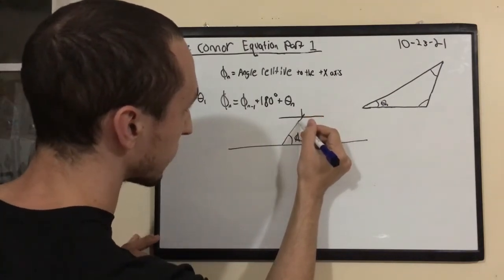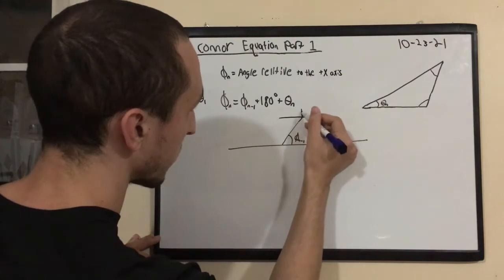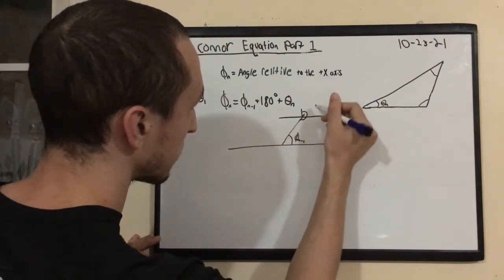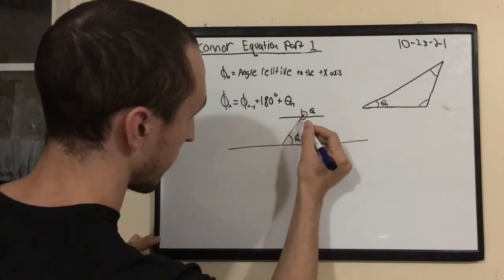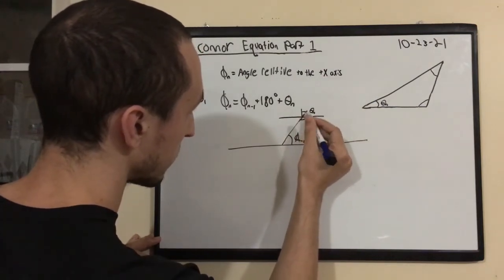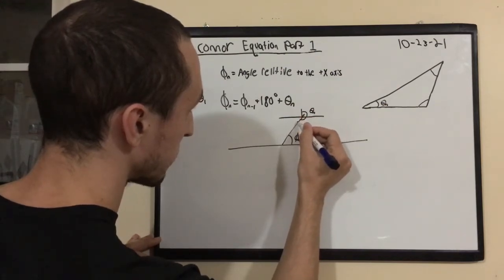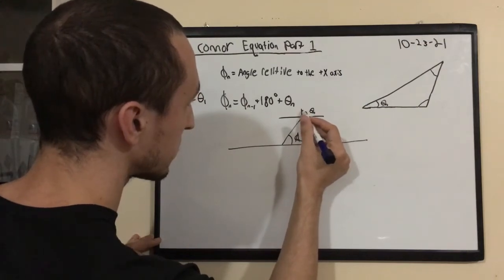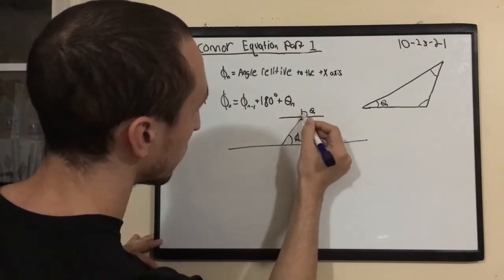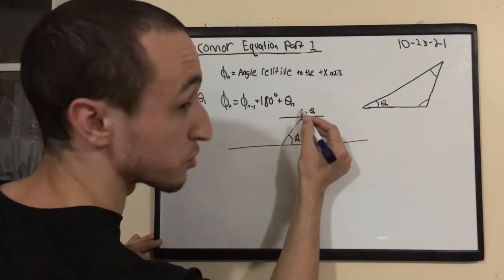That's going to get us here. By the way, this big angle here is theta n. So we've gone from here, phi n minus 1, 180 degrees, bam, now we're here. If we add theta n, you can clearly see we end up here, which is where we want to be.